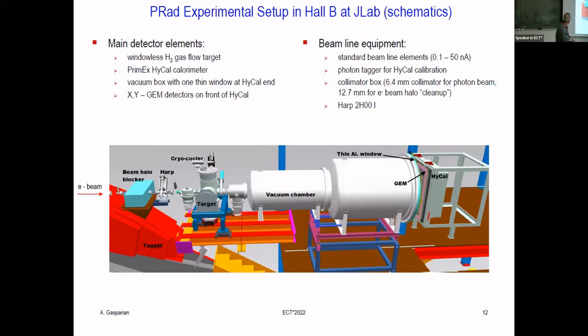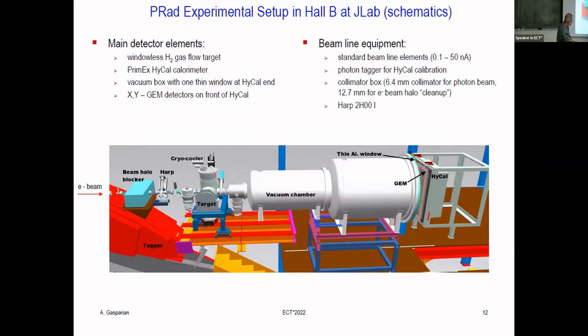The beam comes from left to right, electron beam, 1 GV, 2 GV. There is a tagging system which was used only for calibration purposes. The major thing here is a hydrogen gas flow target without windows, right? And the scattering chamber is about 5 meters long. And here is a big calorimeter, about 1 meter by 1 meter. I will show you the picture in order to emphasize a few things which are causing problems.